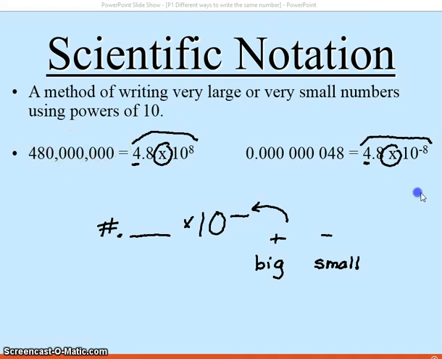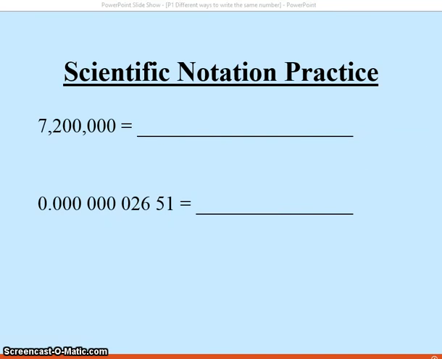Let's look at some examples. Here we have a very large number. You can see that it's greater than 1. To write it in scientific notation, I'm going to have a number point. I'm going to need a decimal. And I'm only going to be allowed to have 1 number to the left of it. So I'm going to have my decimal here. So I'm going to write 7.2. And remember, it will always say times 10.